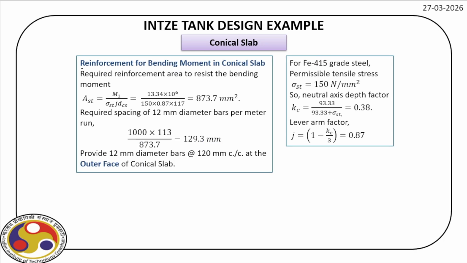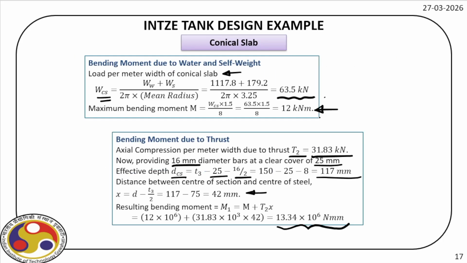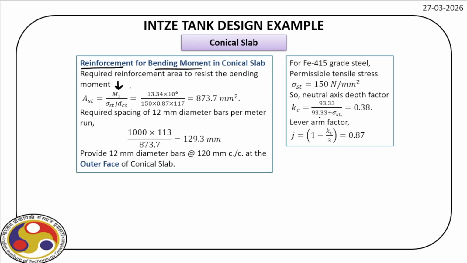Now we have to provide the reinforcement for this bending moment, and that we can easily do. If you recall, this is the expression: AST is equal to M1, which we have already evaluated here, 13.34 into 10 to the power 6 Newton millimeter, divided by sigma ST, which is 150, times J times DCS.